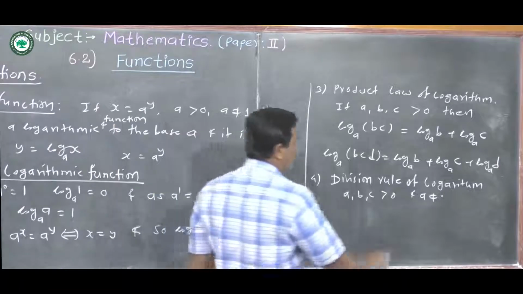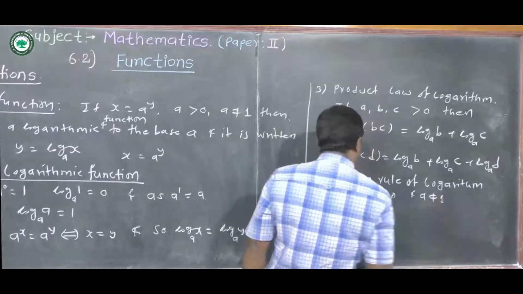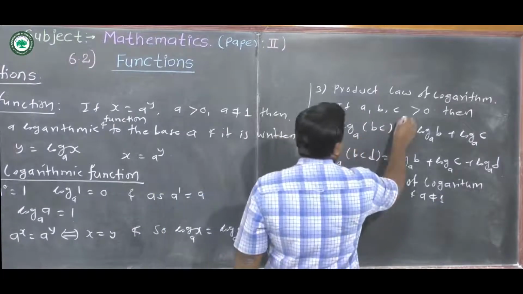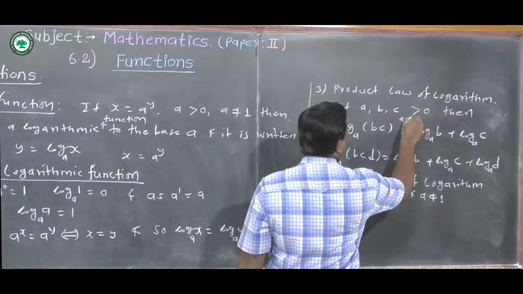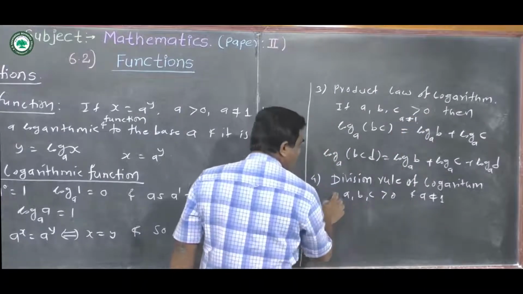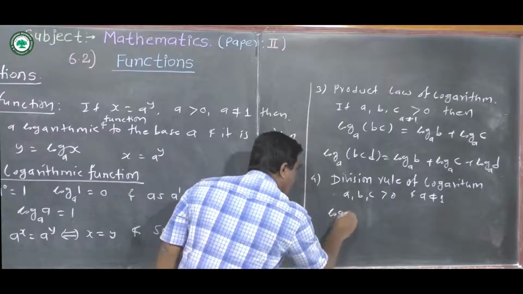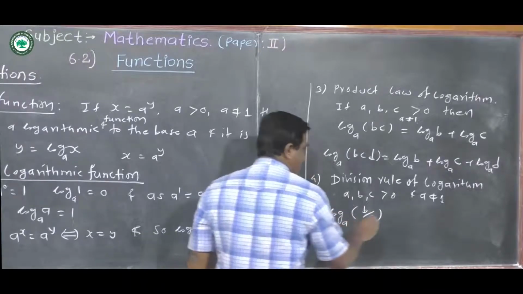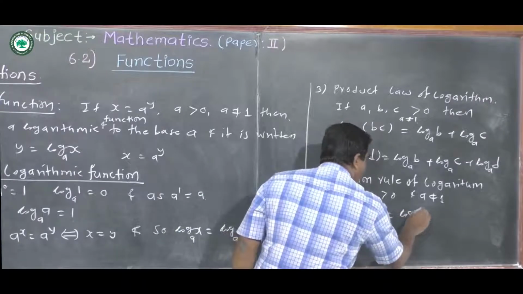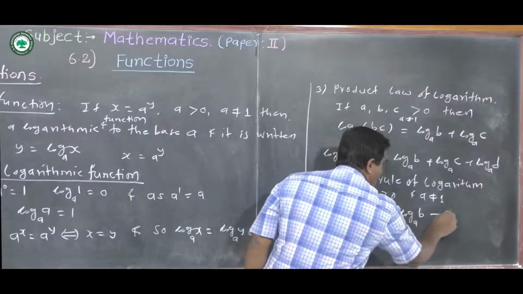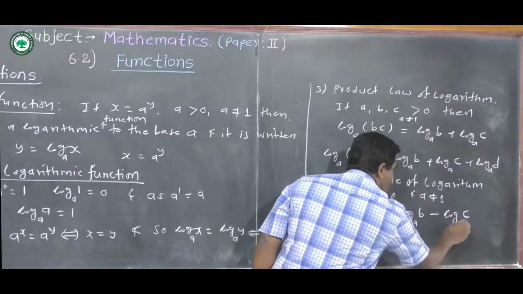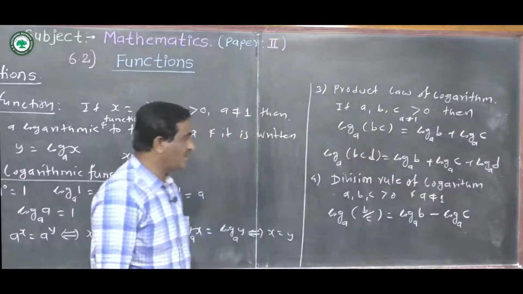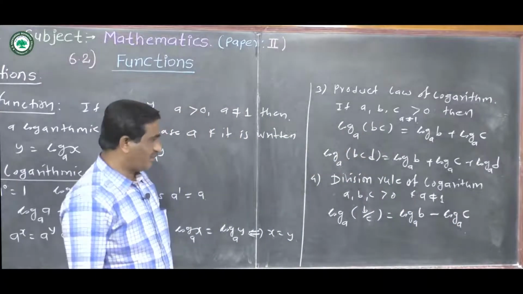Then the division rule is log of b upon c to the base a is equal to log b to the base a minus log c to the base a. This is the division rule of logarithm.